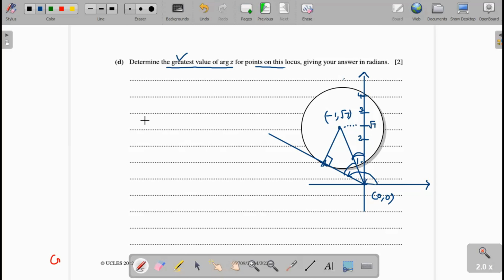The total angle will be equal to 90 degrees, sorry, pi over 2 plus the angle theta 1, and this is the angle theta 2. Total angle will be equal to theta 1 plus theta 2. And this is the total angle, so argument z will be equal to pi over 2 plus theta 1 plus theta 2. Okay?